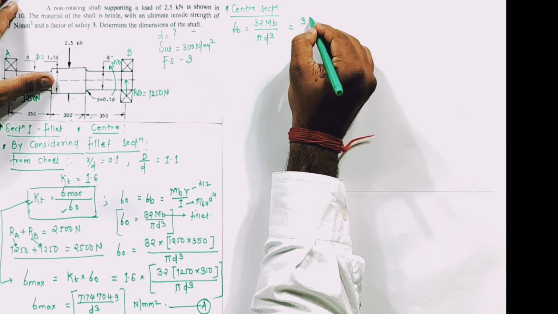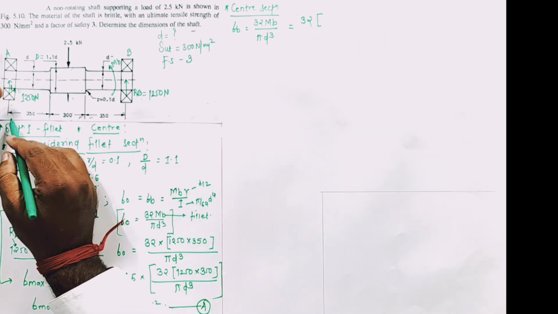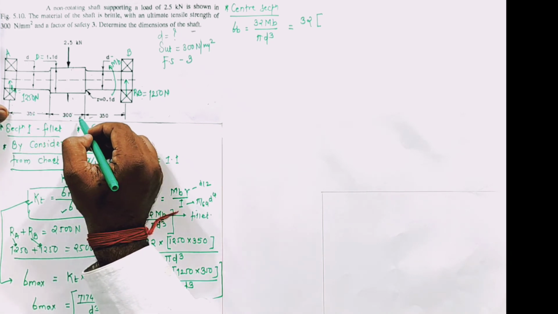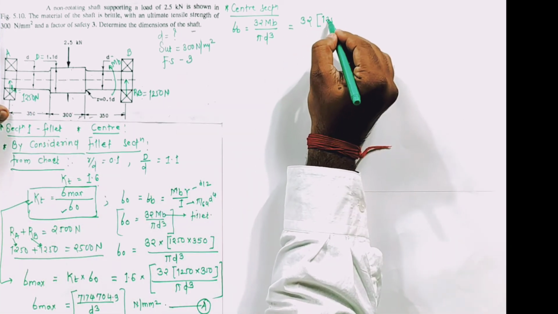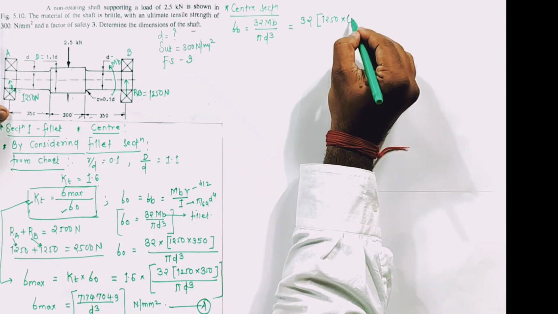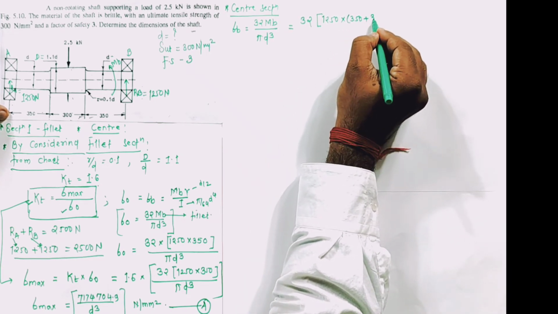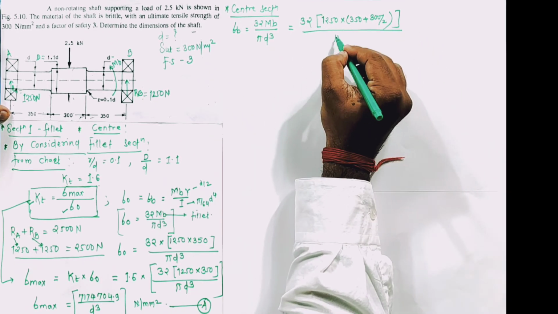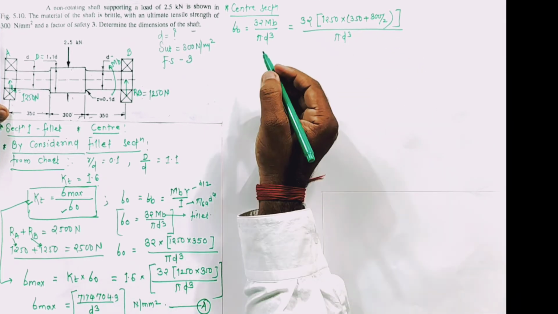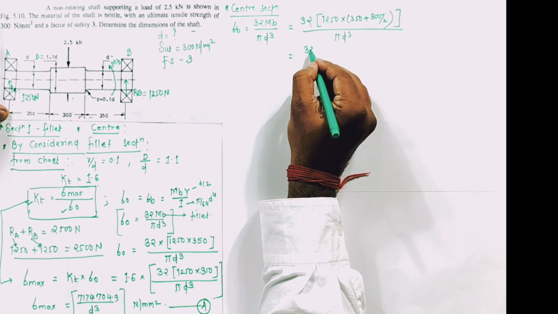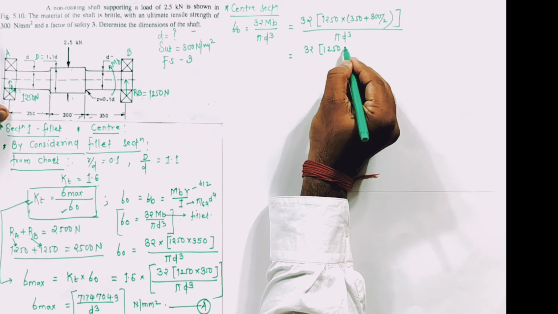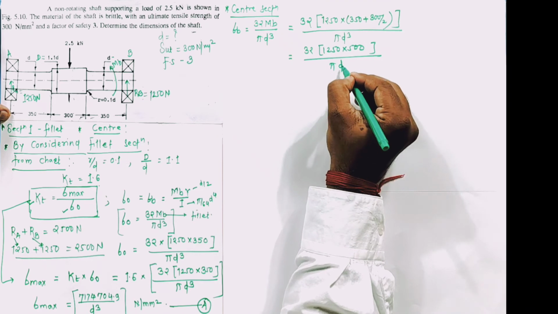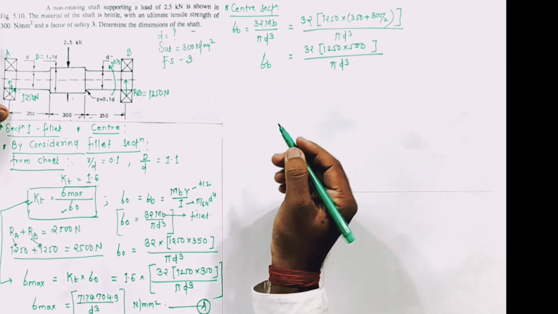Here 32 as it is, MB is force into perpendicular distance. Now this is for the center, 1250, 350 plus 150. So I'll write 1250 force into perpendicular distance 350 plus 300 divided by 2. That will be the bending moment, over pi d cube. In simplified format I'll write 32 in bracket 1250 into 500 divided by pi d cube. This is for the bending stress.